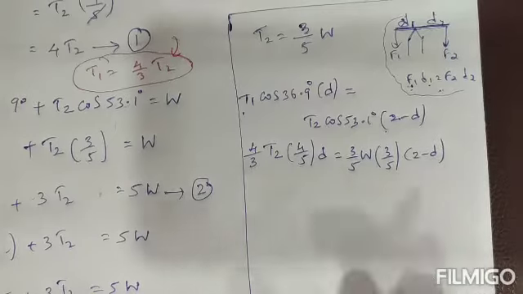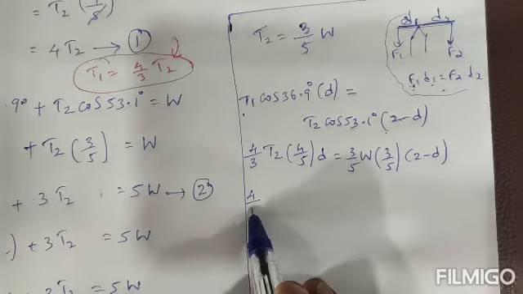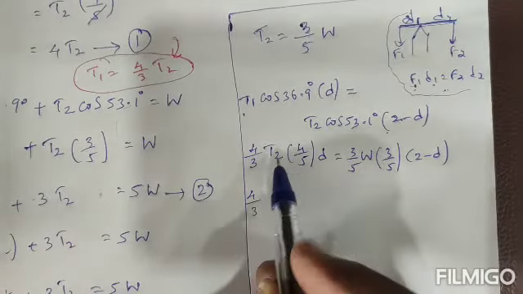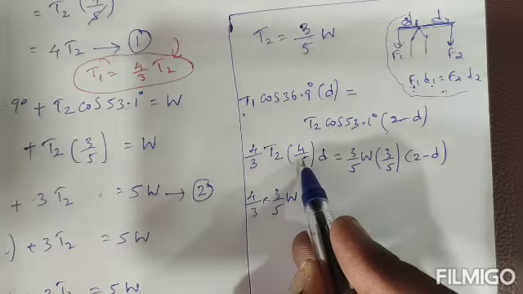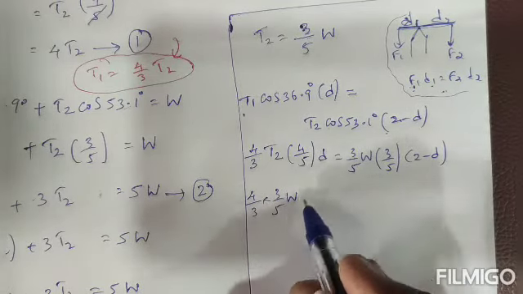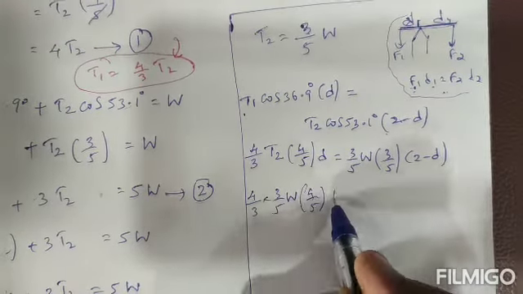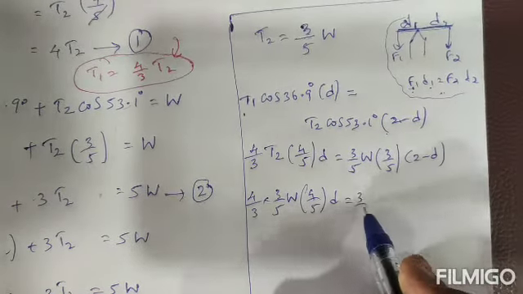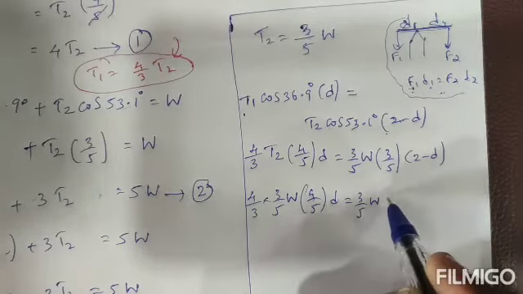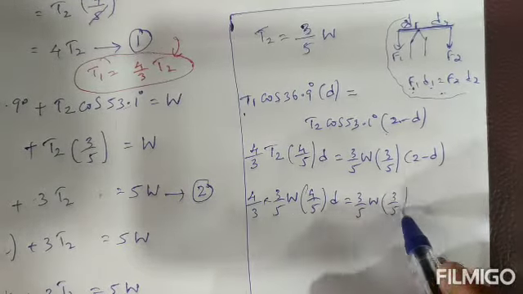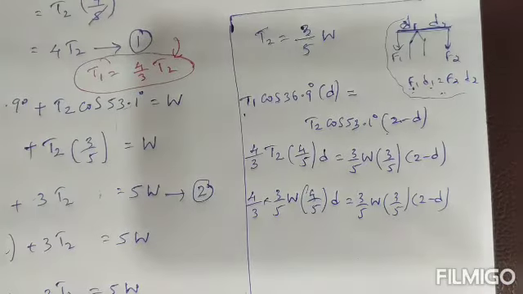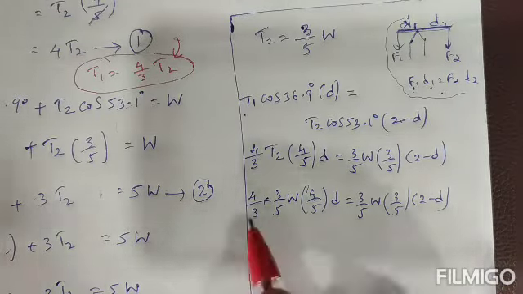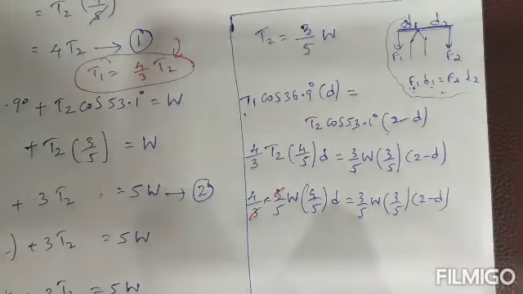Listen carefully. So 4 by 3 T2, and T2 is 3 by 5 W. Then 4 by 5 into D is equal to 3 by 5 W into 3 by 5 into 2 minus D. Here the 3 value gets cancelled.